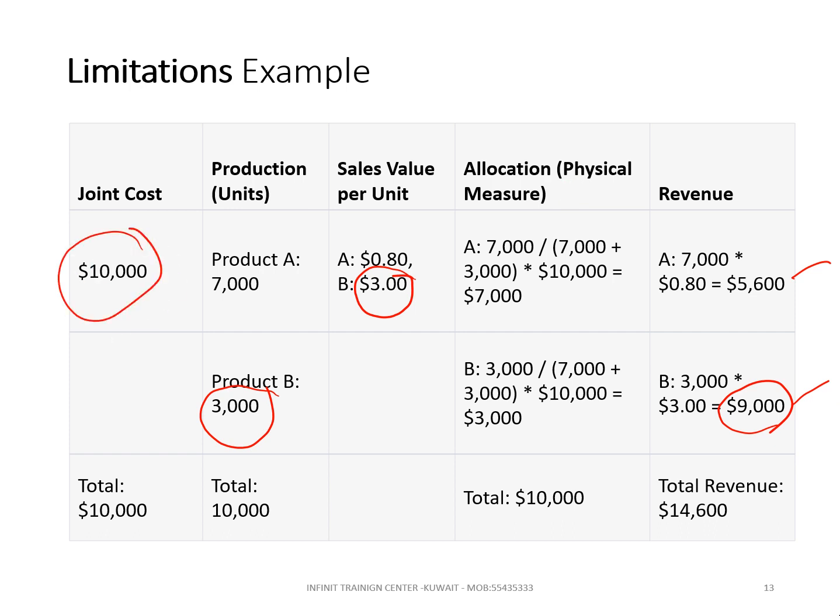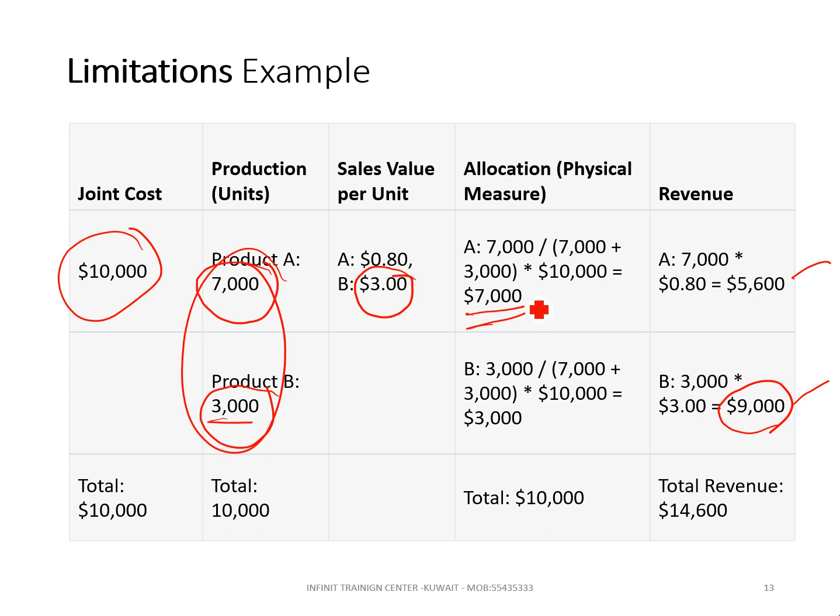Now we will see how the allocation goes. This 10,000 we need to allocate between two products, and A is 7,000, B is 3,000. So 7,000 out of 10,000, multiplied with 10,000, you will get $7,000.